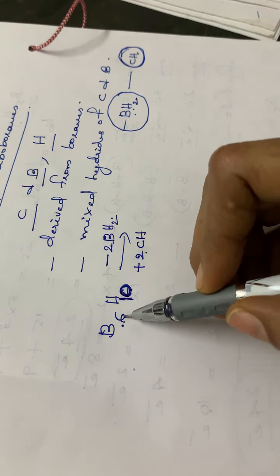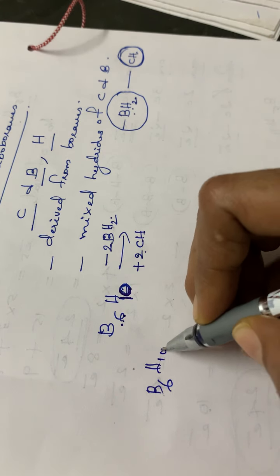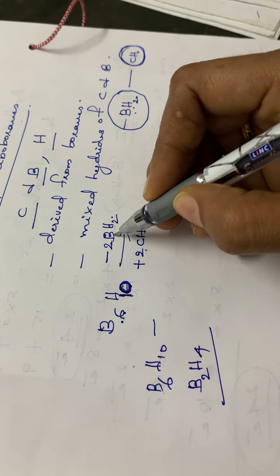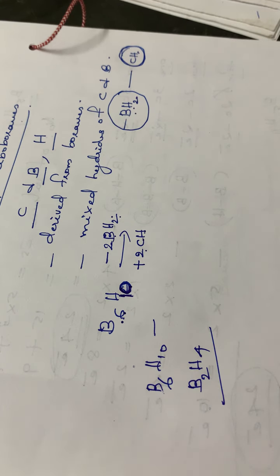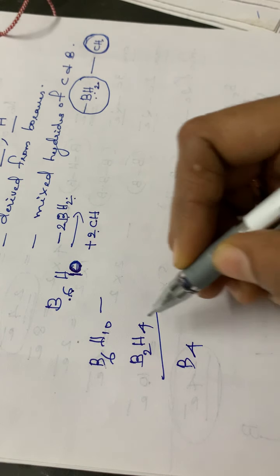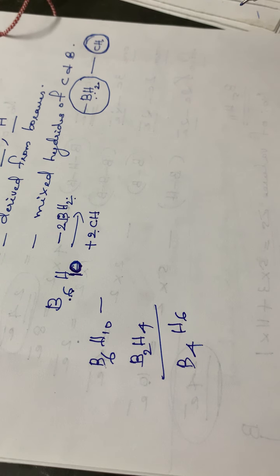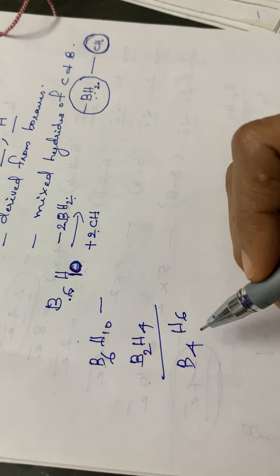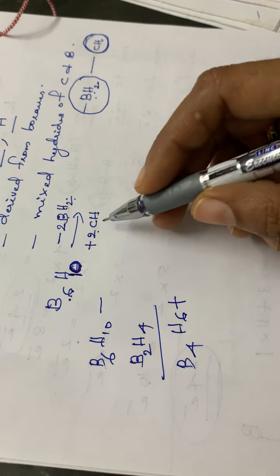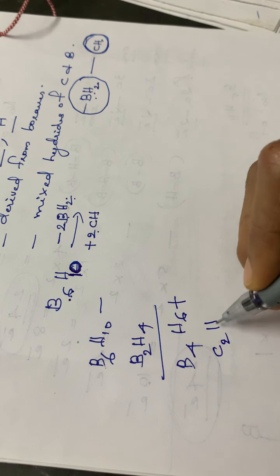From B6H10 you have to subtract B2H4, that is 2 BH2 units. While subtracting, we will have B4 and the remaining H6, so B4H6. To this B4H6 we add 2 CH units, that is plus C2H2.